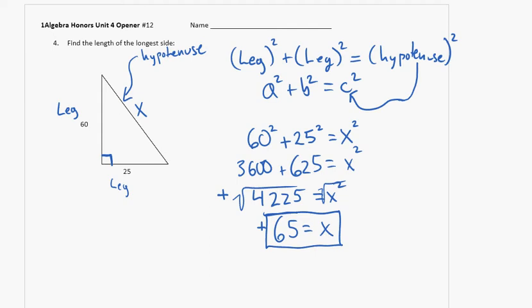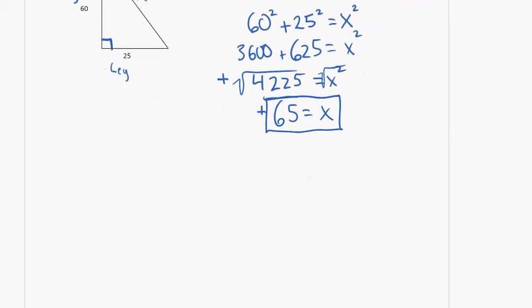Just be careful when you're doing these problems. In this case, we were looking for the hypotenuse. If the problem looked a little bit different, and if we had a right triangle, maybe the side lengths were even the same. Maybe we had, let me make this side a 25 and this side a 60. And you were supposed to find this missing side. Just be careful. In this case, the 60 is the hypotenuse.